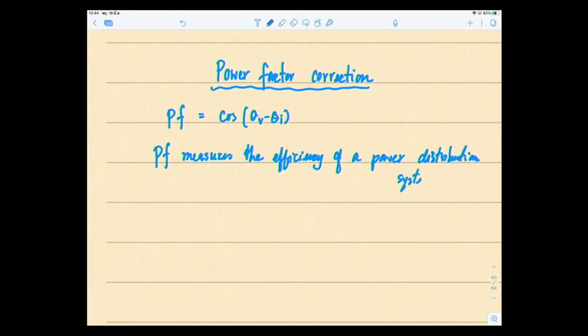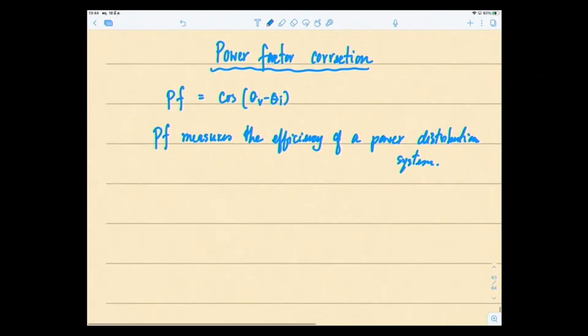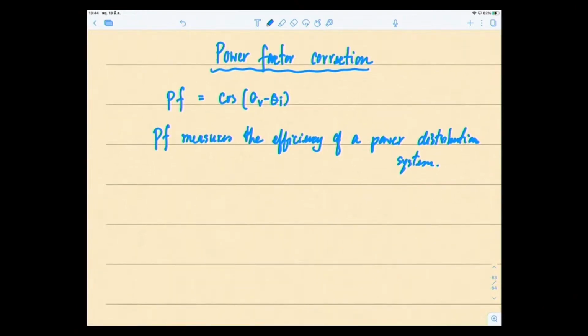Anyway, I'm going to review some of the formulas that we have done for the past two sessions, on the power that you may need to realize for this topic, the power factor corrections.